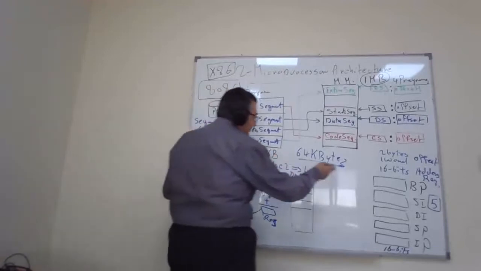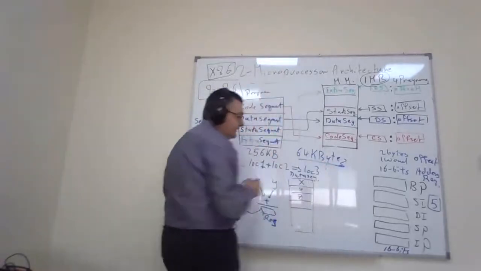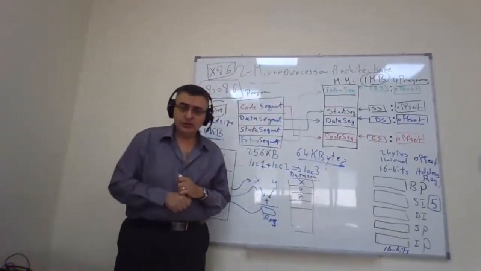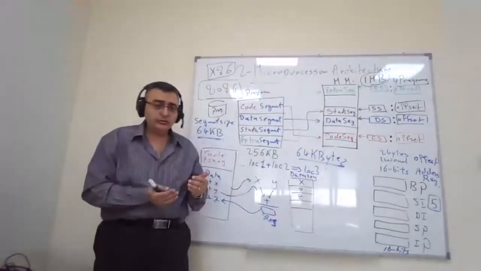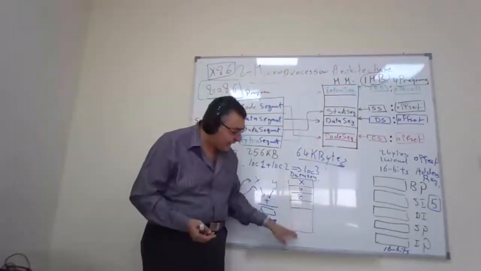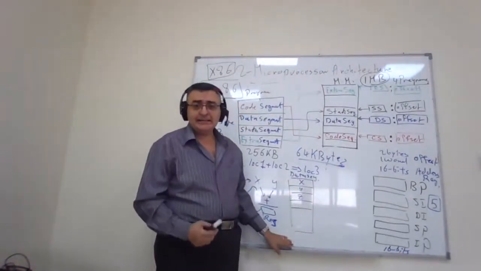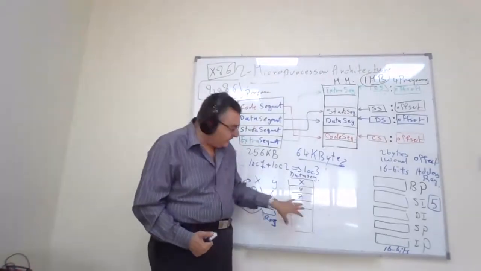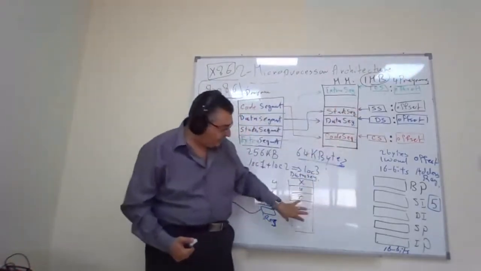Any of those segments is 64 kilobytes. So assume that this is a snapshot of my data segment. This will be mapped in the memory.